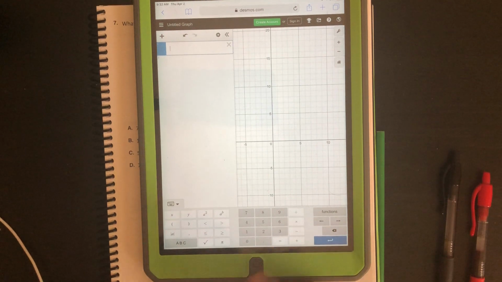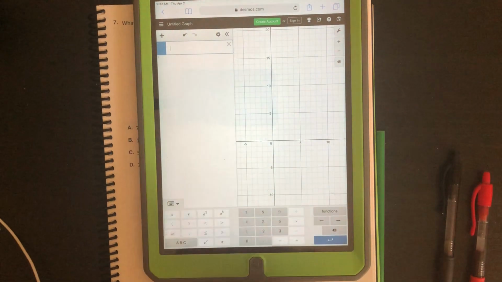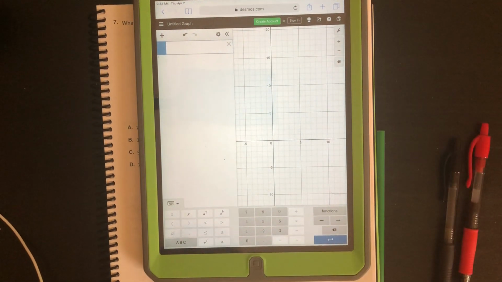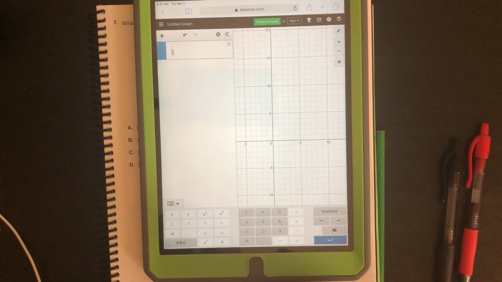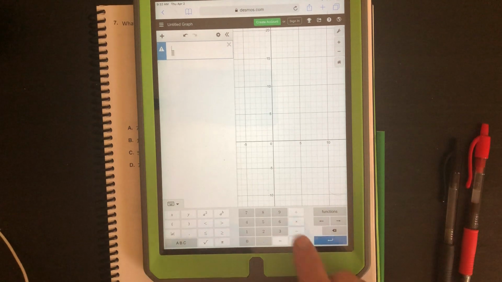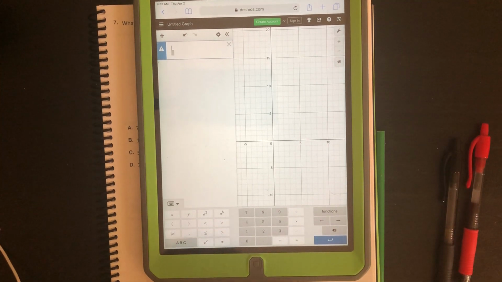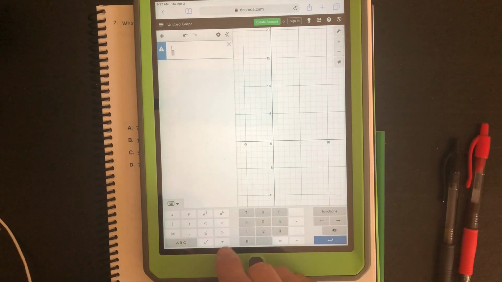Let's fix that. Actually, it's going to be a little bit different than what we're typically used to on the graphing calculator. Let's go ahead and click the division symbol first. If you click the division symbol first, it gives you your fraction setup. It will be a lot easier if we just go ahead and click the division symbol first.